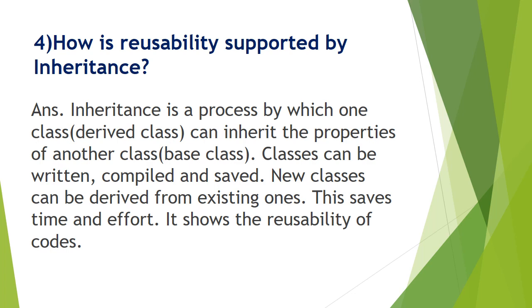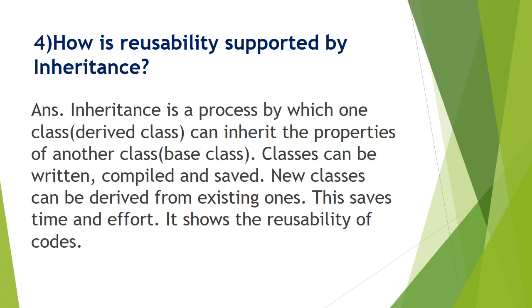Inheritance is the process in which one class can inherit the properties of another class. The class which inherits the property is known as the derived class, and the class from which it inherits the property is known as the base class. So in this process the derived class will inherit the properties from the base class.